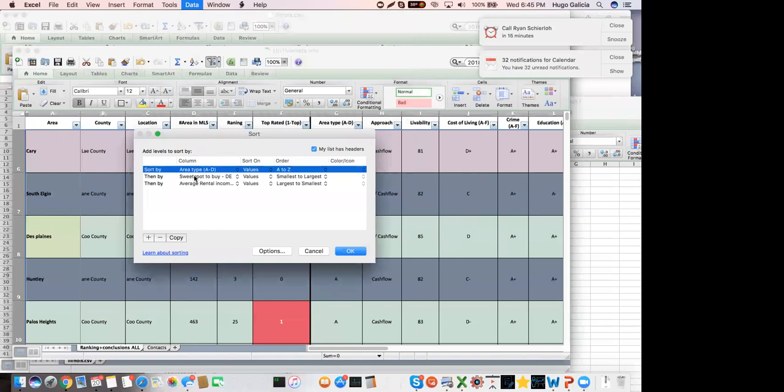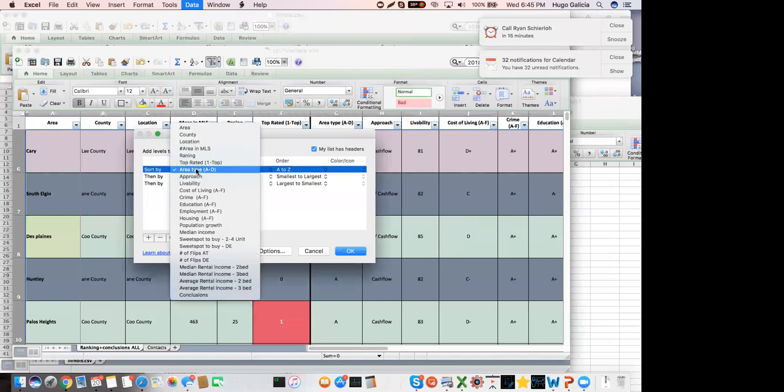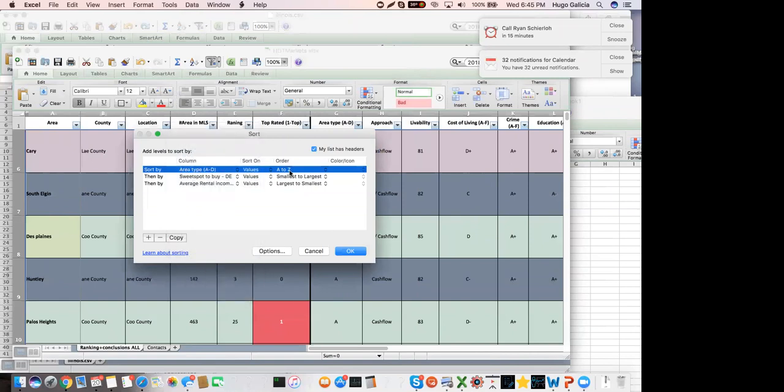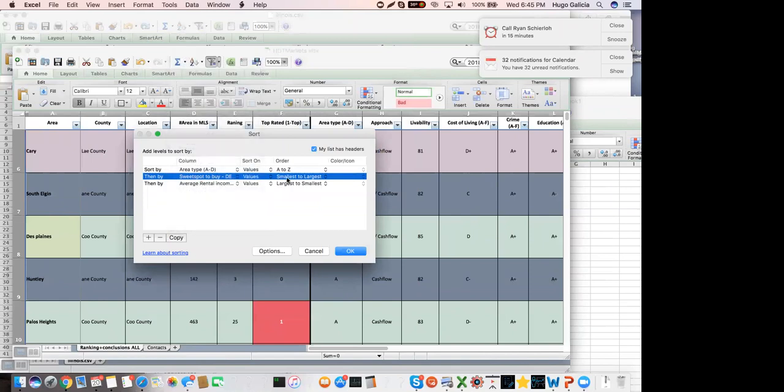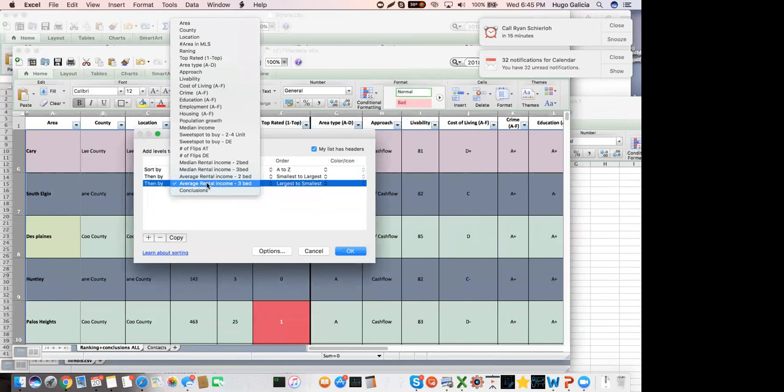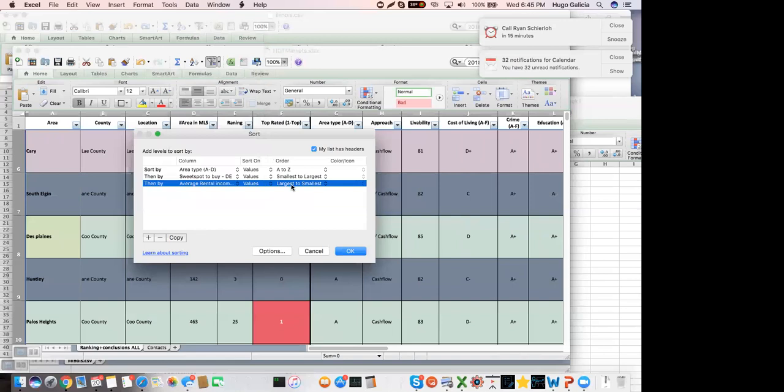All the components from the area analysis report are gonna be here. So what I'm gonna ask is, give me the best area, the area type A through D, in order of the higher. Give me the top areas where the sweet spot to buy a single family home is from smallest to largest, so it's the cheapest, and where the average rental income for a 3-bedroom is the highest.